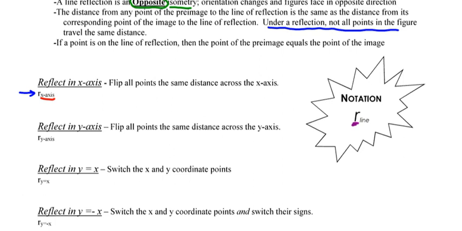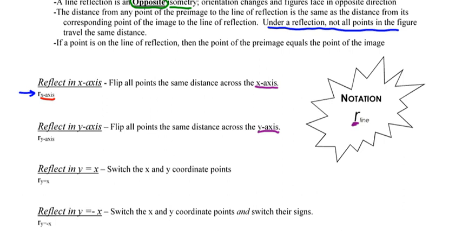Now, when we reflect across the x-axis or the y-axis, because these are perfectly horizontal and vertical lines, it's going to be very easy to use this notion that the point and the image are going to be exactly the same distance from the x or the y-axis, and they're going to be very easy to solve with a graph.